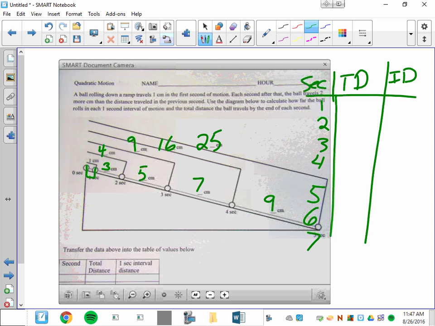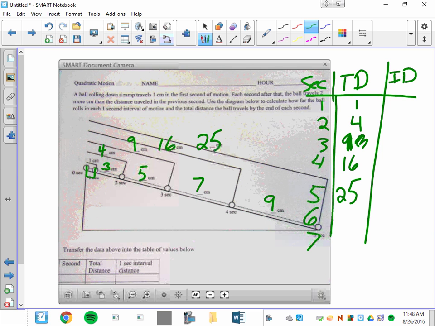We'll keep going. Thank you. So the total distance is 1, 4, 6. Nope, I messed it up. 1, 4, 9, 16, 25. And the interval distance is an additional, so 1, 3, 5, 7, 9.